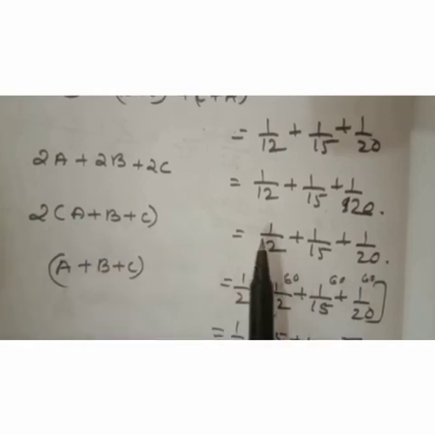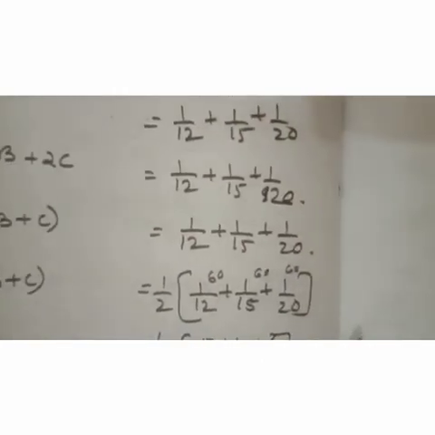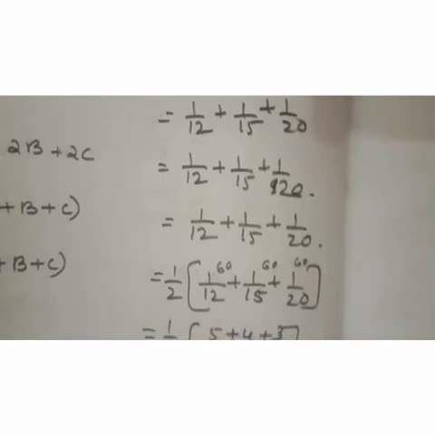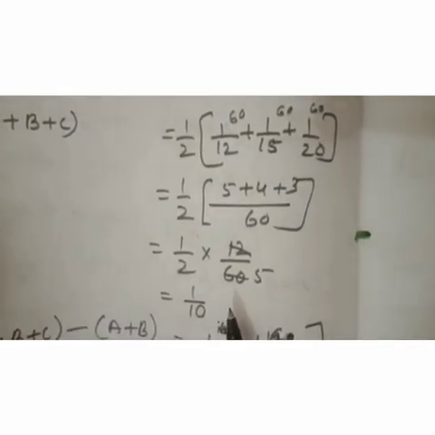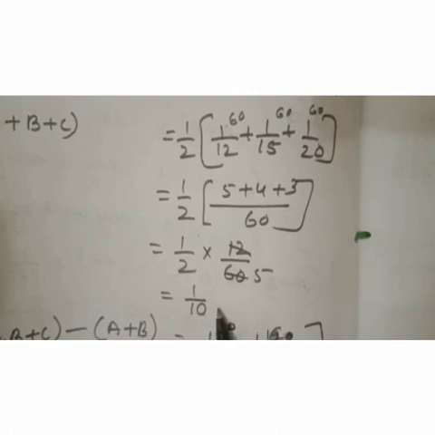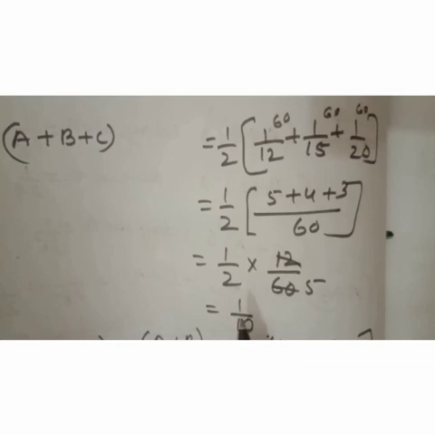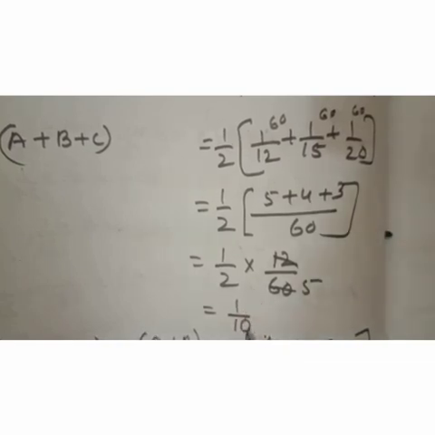First solve this bracket. Add it, take LCM and solve it. You will get 1 by 10. A plus B plus C, how much work will they do? 1 by 10 work.